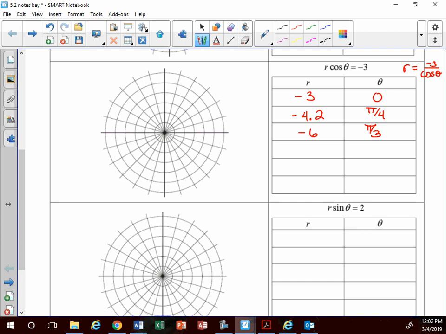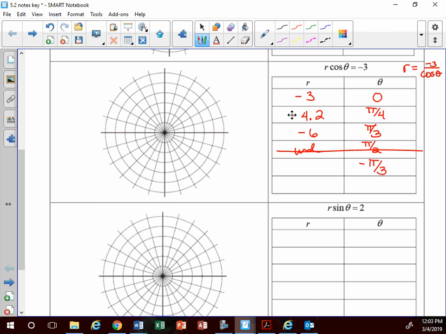All right, guys. Pi over 2. Any issues there? Yeah, because cosine pi over 2 is 0, and we're dividing by 0. So that doesn't work. That's undefined. We're not going to be plotting that guy. Let's do a negative angle just to make sure you're okay with that.